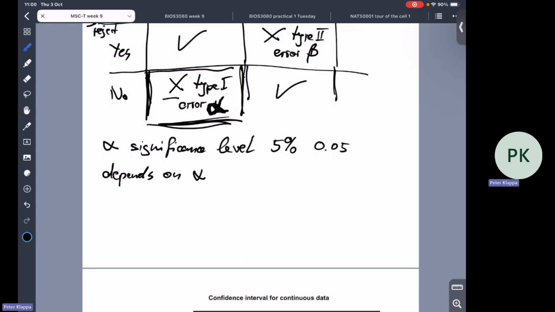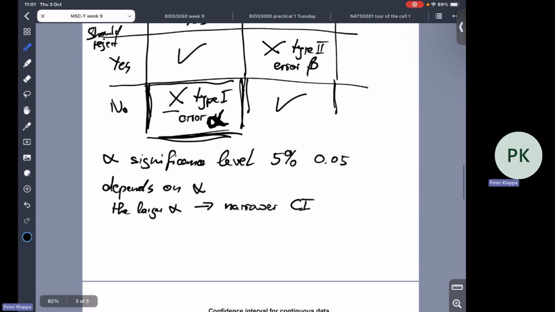The larger alpha means a narrower confidence interval. Okay?